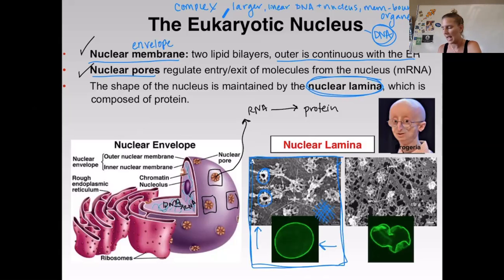In somebody that has some genetic disorders, you have a nuclear lamina that isn't very strong, all right? And what happens, as you can see in this green image, is that the nucleus kind of can fold in on itself. And if you look at the more high-powered microscope, you can still see nuclear pores, but you can also see all this black region, which means that the nuclear lamina is not really tight, all right?